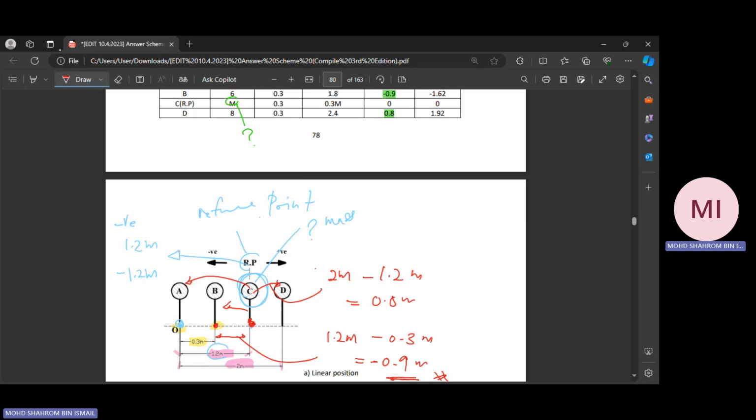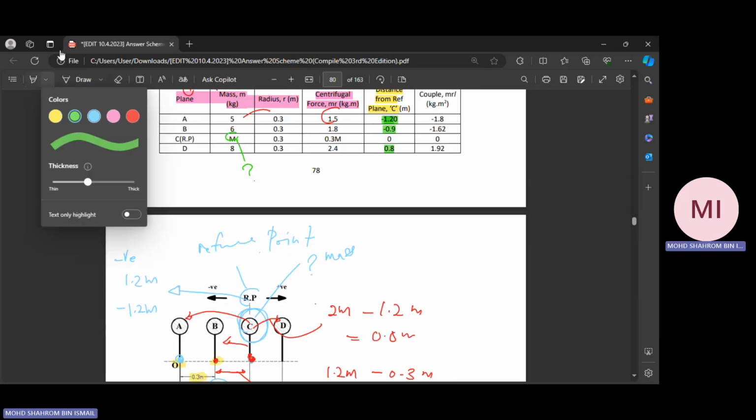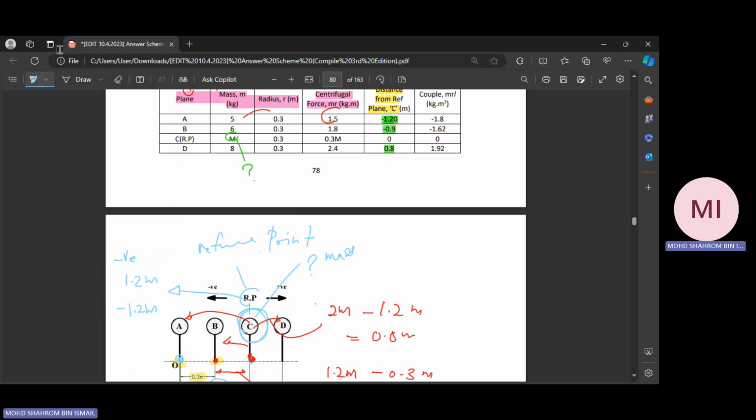And of course, from point C to C, from this point, it doesn't move anywhere, either to the right or to the left. So the value is determined to be 0. It doesn't have any distance at all.